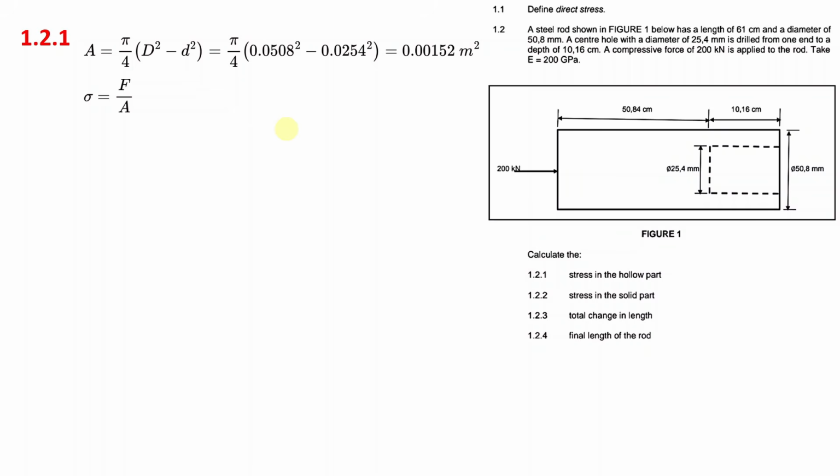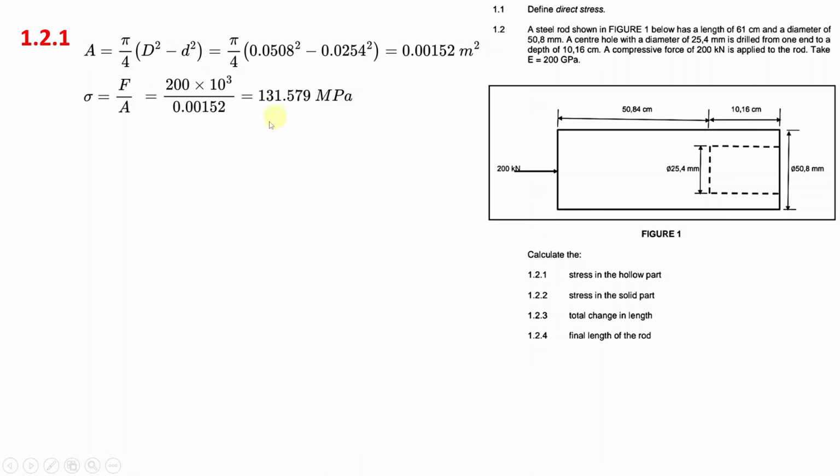And the force that we have here is 200 kilonewtons. Again, you need to change that to SI units, so you need to work with newtons. So it's going to be 200 times 10 to the 3 divided by the cross-section area of the hollow part, which you plug in here. And this again will give you a very long number in pascals.